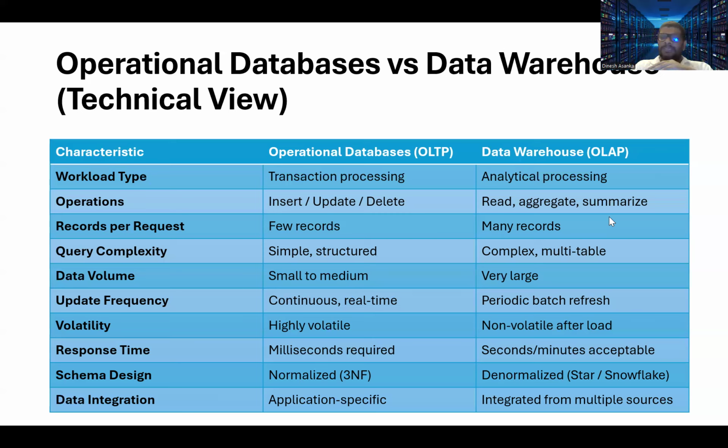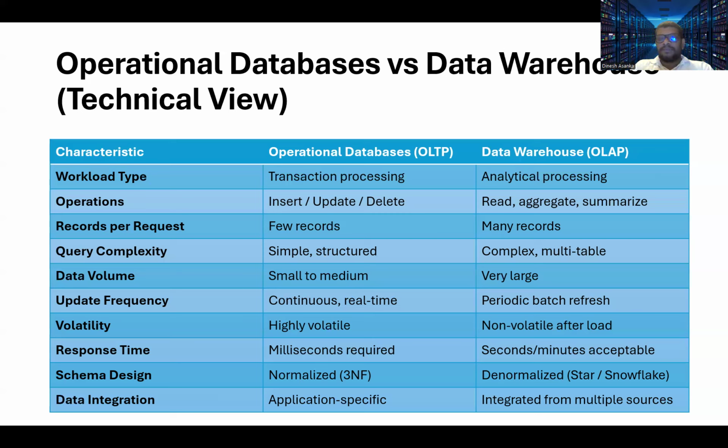You may have run SQL queries joining a couple of tables. But in data warehouses, you are looking at complex, multiple-table queries. Even in transactions you do multiple tables, but not in this nature. Data volume is typically small in operations. In an order system, you are looking at one customer, one cashier, and a maximum of 100 product codes. But in data warehouses, you are looking at last month, last year, last quarter data.